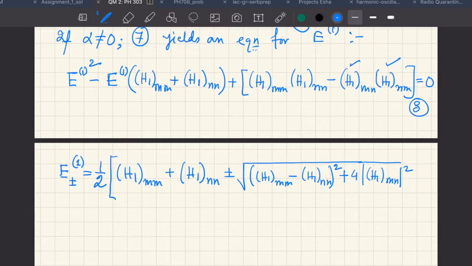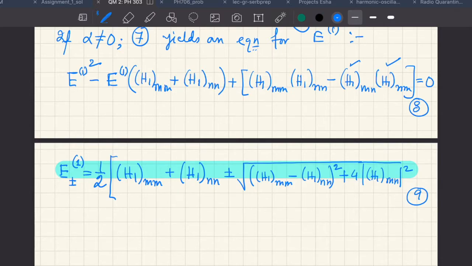And this is basically the equation that I have written here. This is basically the fundamental equation of degenerate perturbation theory. Let us write this as equation number 9.